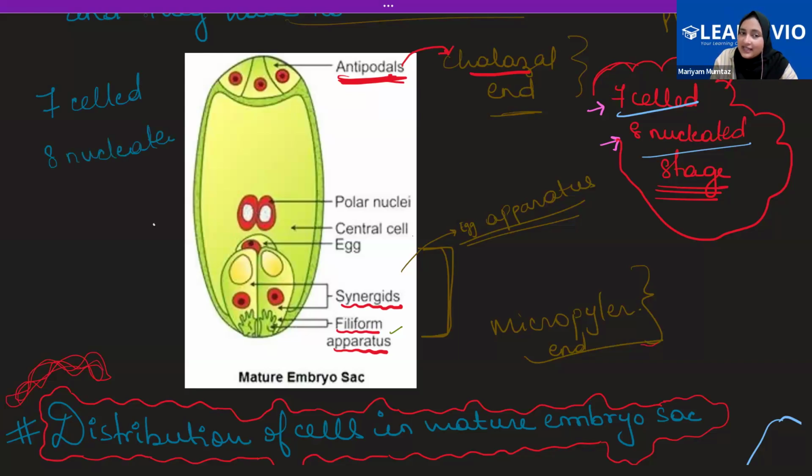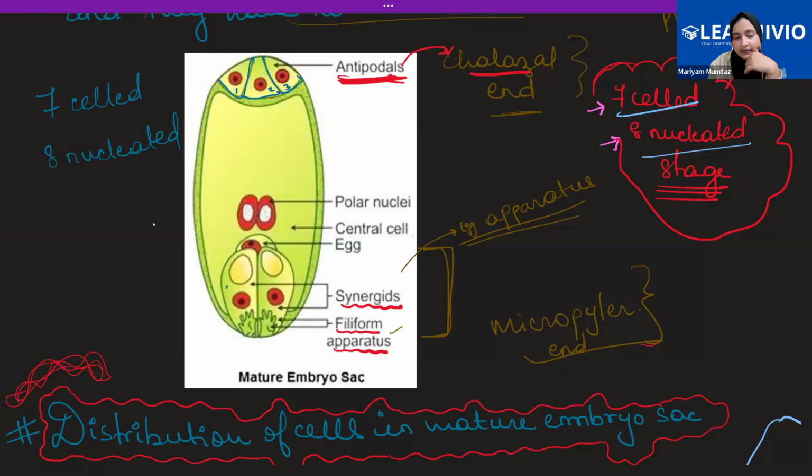They say there are 8 nuclei present, but only 7 cells. How? All these lines denote a cell wall. A cell wall denotes that a cell is made. So we have cell number 1, cell number 2, cell number 3 on top. I mean, not on top, it is the chalazal end.